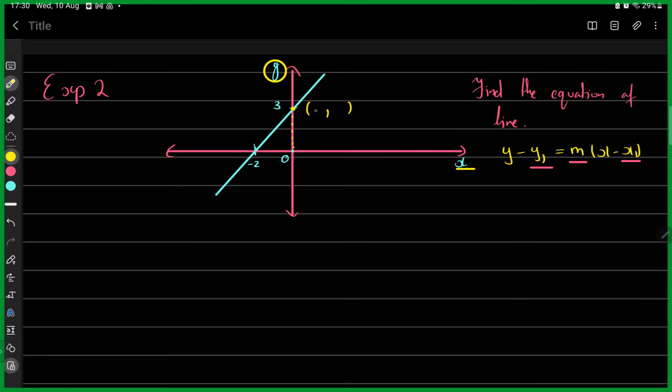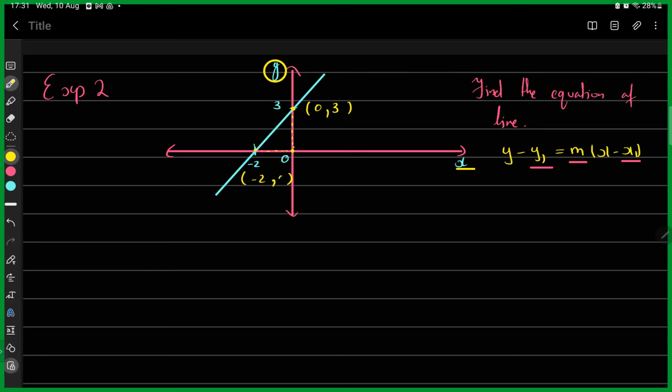So it is 0 and 3. Similarly, here I can see a -2 on the x-axis. I'm not too sure about the y coordinate. For that, I follow across to the y-axis, and this is 0.